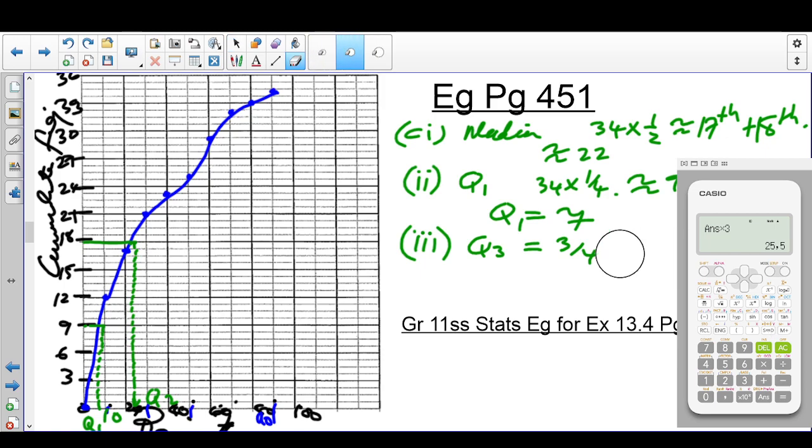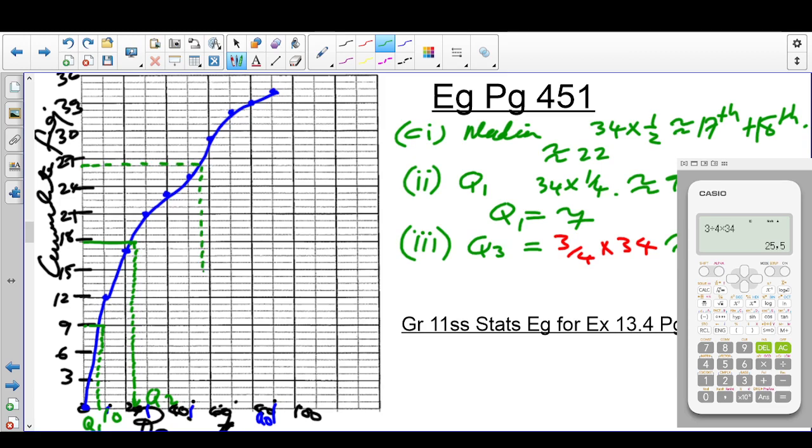3 over 4 times 34 gives you 25.5. So it's approximately the 26th number, or 26th entry. If this is 27, it's just less than that.